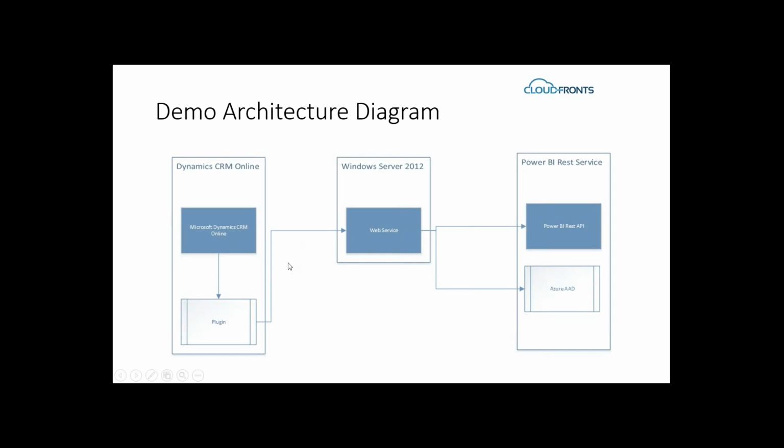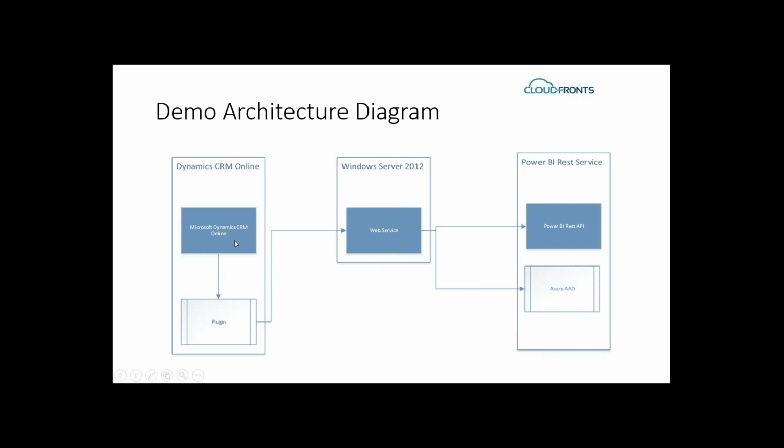So we have the Dynamics CRM Online version. Then we have a web service which is hosted on a virtual machine that runs on Windows Server 2012. And then we have the Power BI REST service. Whatever opportunities are created inside CRM are sent to the web service.